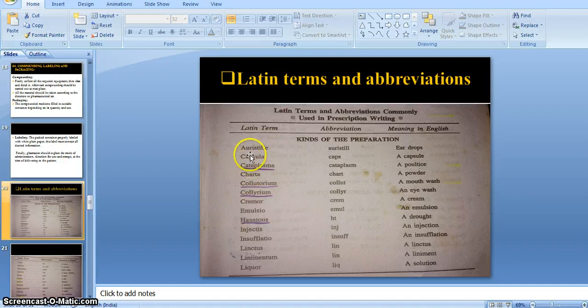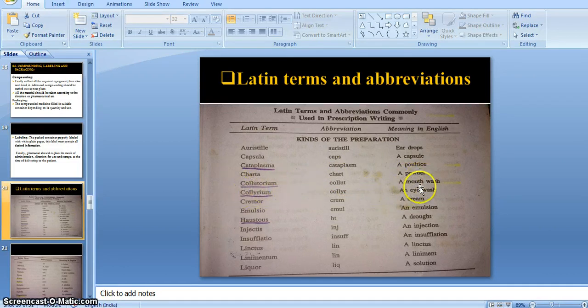Let's see. Auristilla, abbreviated as auristill, means eardrop. Then capsula, abbreviated caps, means a capsule. Cataplasma, cataplasm, is a poultice. Charta, chart, is a powder.